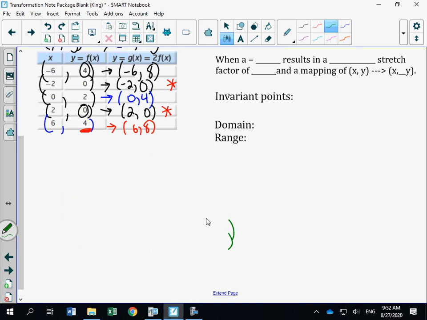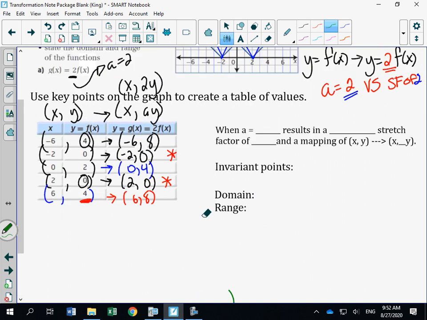Okay, so let's fill this in. It says when a is equal to 2, right? So our a value is 2. It results in a vertical stretch by a factor of 2, and the mapping is x comma y. The new coordinate is x comma a times y, so x comma 2 times y.